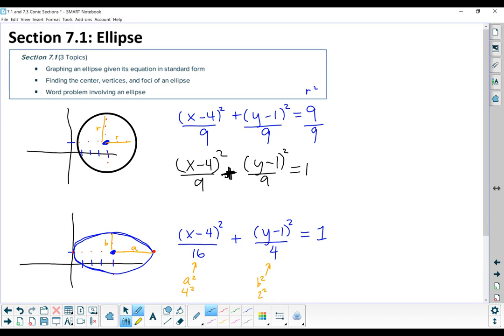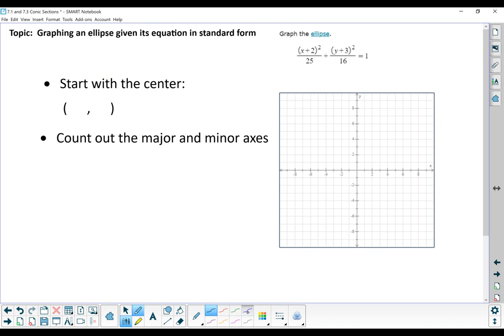We're going to graph a couple of ellipses, and then we'll talk more about the exact definition of an ellipse and do a couple other topics. Starting with graphing, here's our equation. To graph it, you will just mark where your center is. So this is (-2, -3). Then you'll count out your major and minor axes.